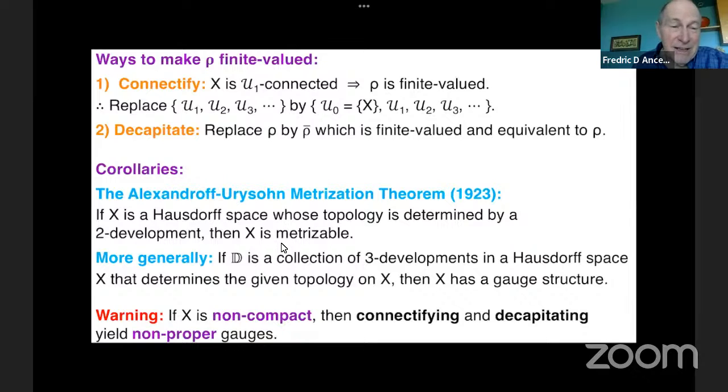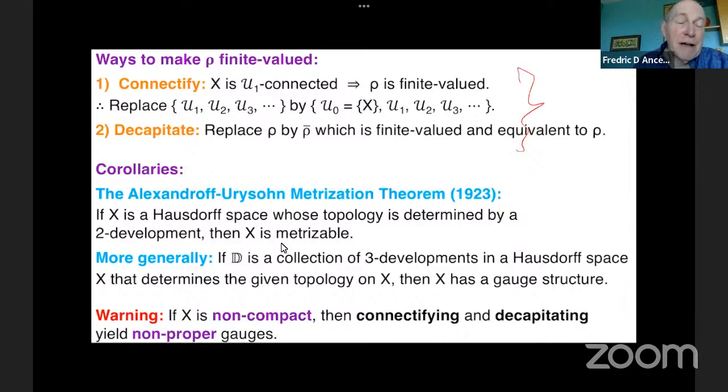And here's the problem with this: if you're trying to create a proper gauge structure, these techniques I mentioned up here of making the gauge finite don't work. They create non-properness.